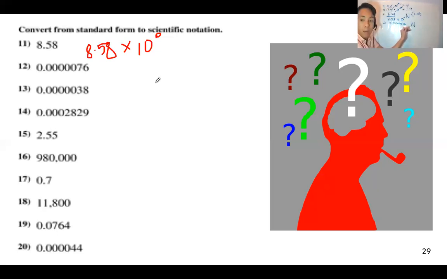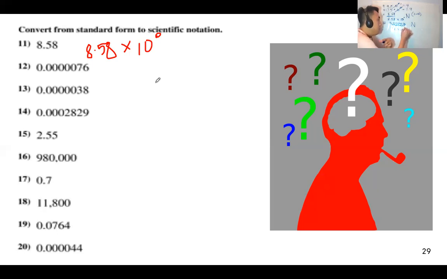This is our n, 7.6. So, how many decimal points do we need to move to make it 7.6? So from here, 1, 2, 3, 4, 5, 6. So, ang ating n is 7.6 multiplied by 10, and we moved our decimal point 6 times.